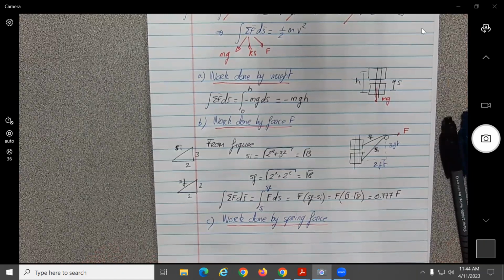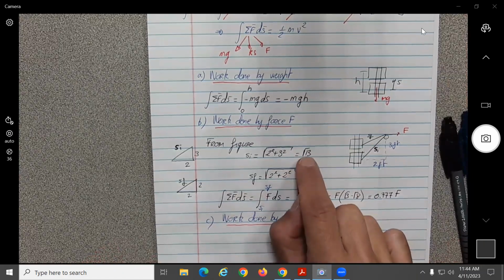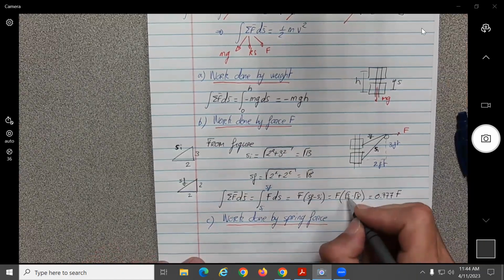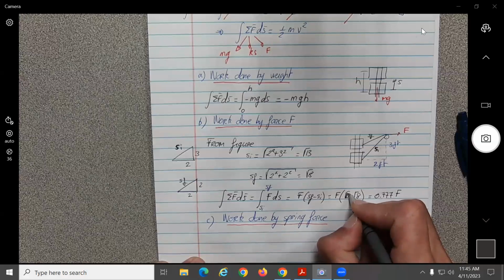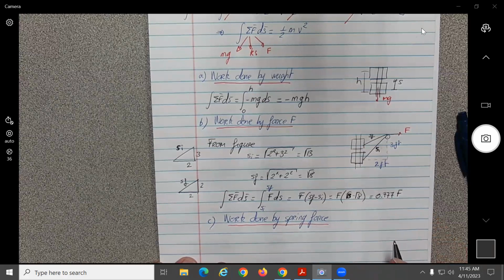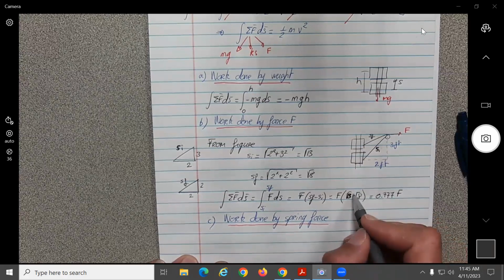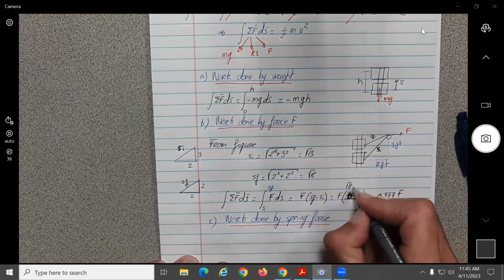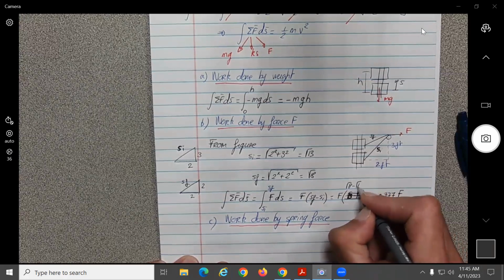Should be swapped, so the square root of 8 minus the square root of 13.